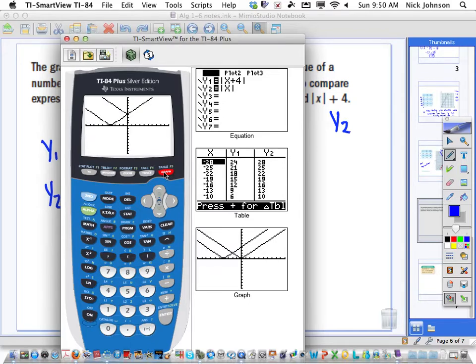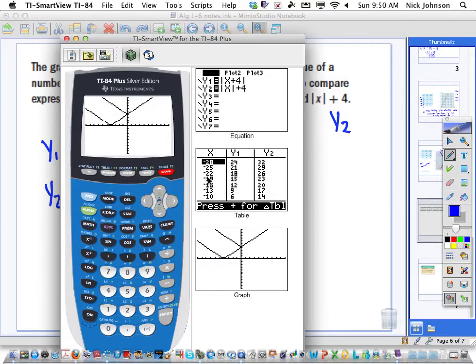And if I look at graph, it graphs my first one first, my second one second. So here's my first one. Here's my second one. Now, there's certain parts when these are the same, right here. From 0 all the way to infinity, it looks like. These expressions are the same. But when there's negative numbers, right over in here, these expressions are not the same. They have different values, only from 0 to infinity.